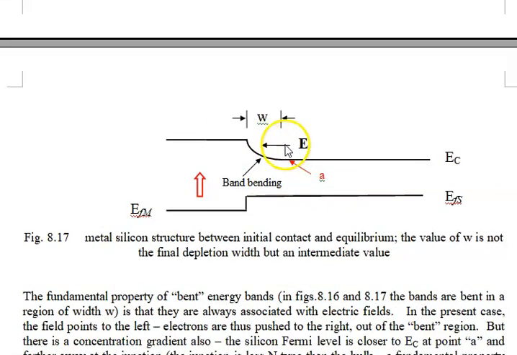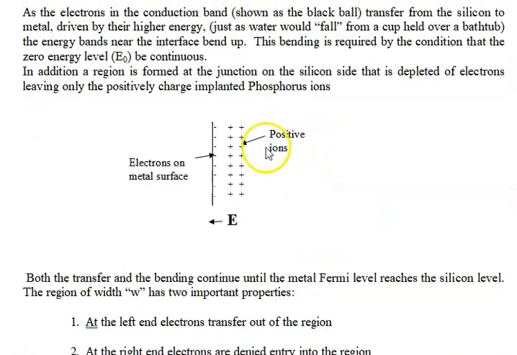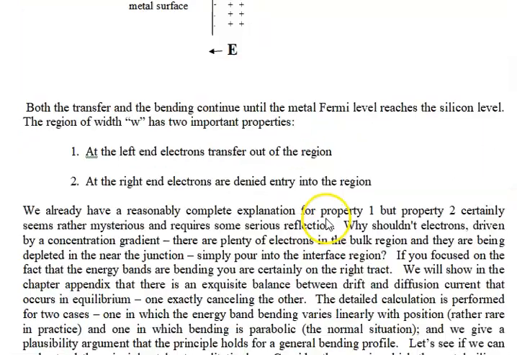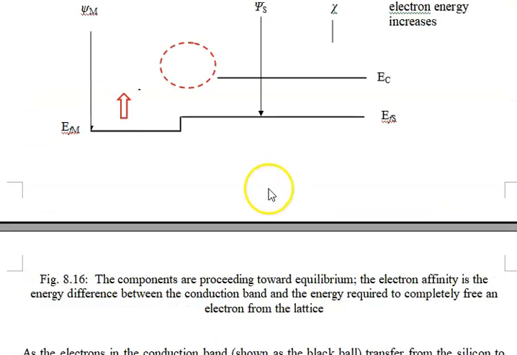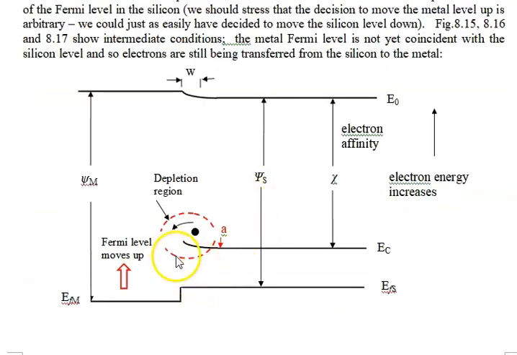We have a field from right to left, positive to negative, which would force electrons to move from left to right, but it's not big enough yet to overcome the desire for electrons to flow from the surface of the silicon into the metal.